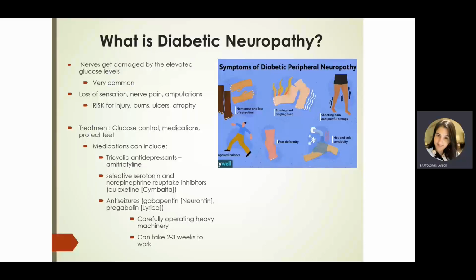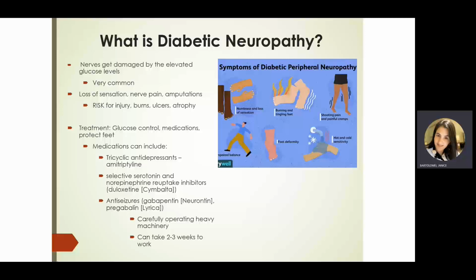Now, there are some medications that the doctors prescribe to help with the tingling and the pain that they feel. There are a few classes: tricyclic antidepressants, the selective serotonin and norepinephrine reuptake inhibitors.